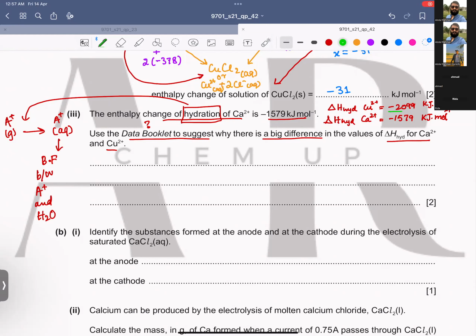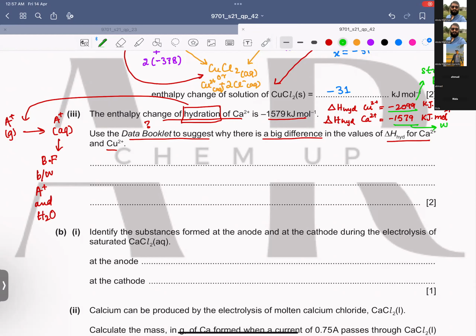So if its value is greater, it means stronger bonds are being formed, and if its value is smaller, then relatively weaker bonds are formed. I don't say that it is completely weak, but relatively weaker bonds.